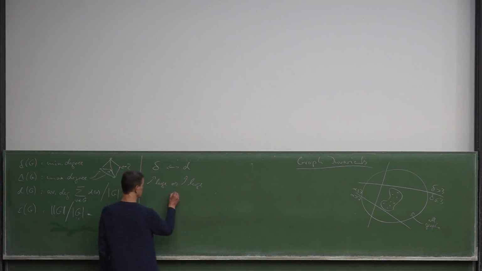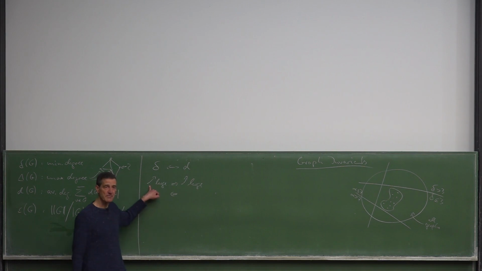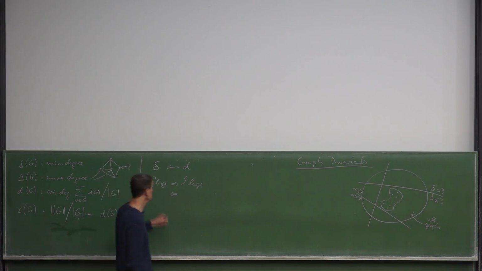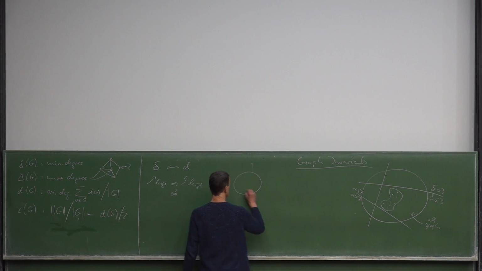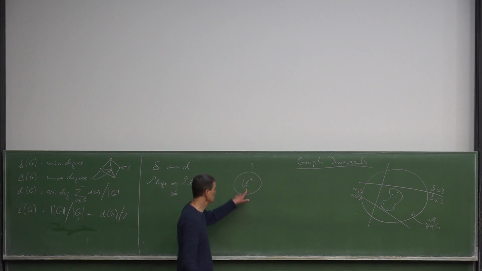How about the converse? If the average degree is large, is the minimum degree large? Well, not if large means the same thing. So, for example, we could have a Kn. That's a complete graph on n vertices. Every two of these n vertices are adjacent.